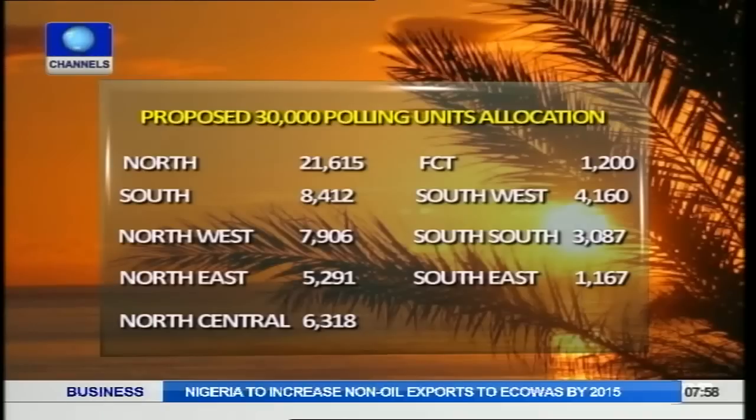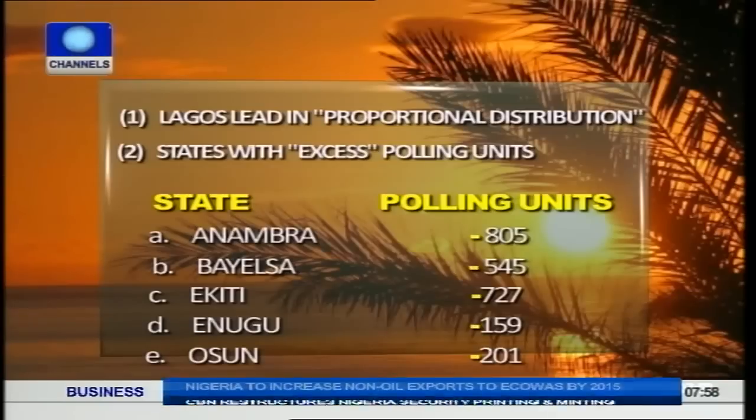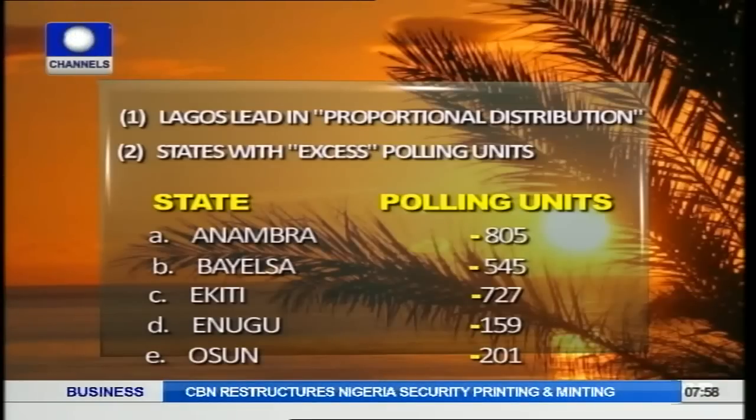So one wonders, if one state in the southeast has far more registered voters than FCT, yet FCT is getting a polling unit allocation almost equivalent to the entire southeast. Fair enough.